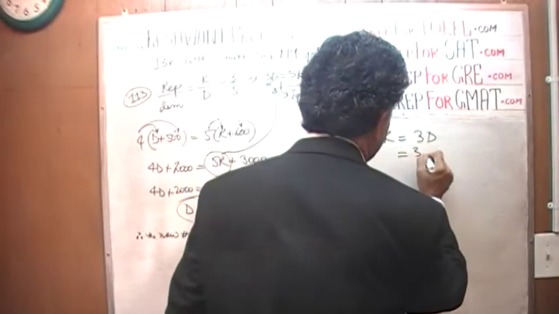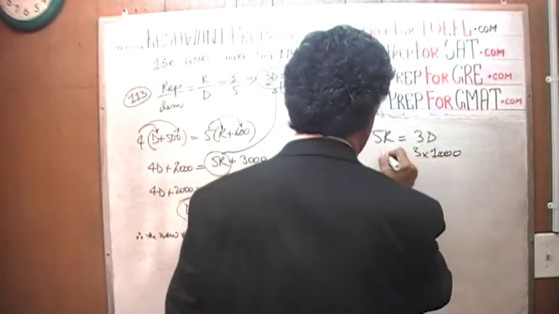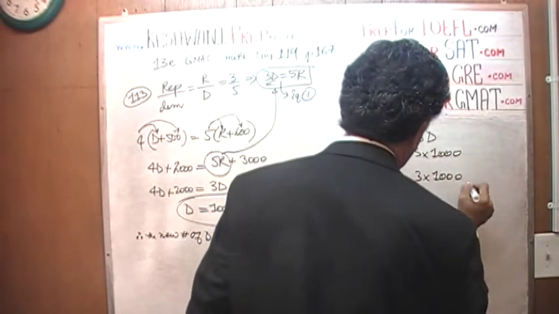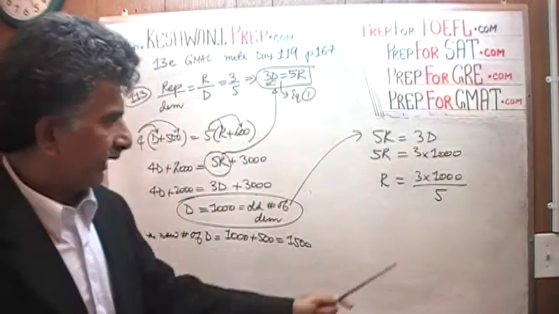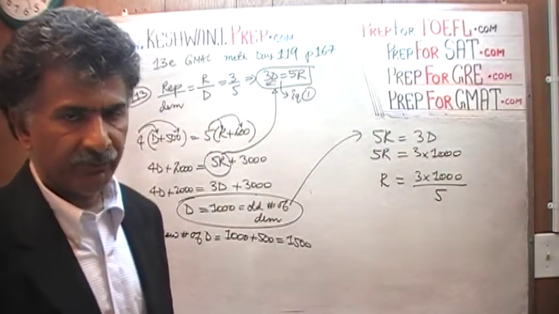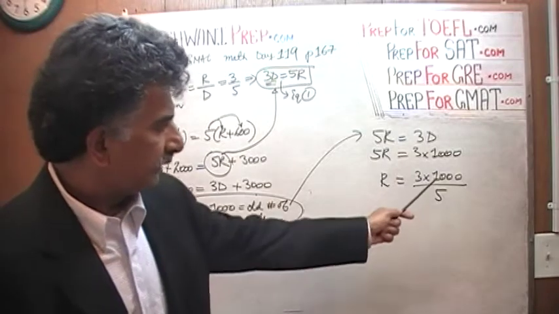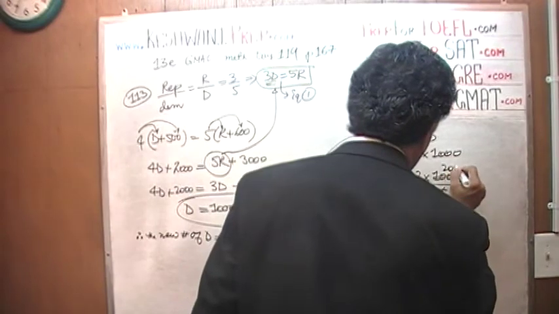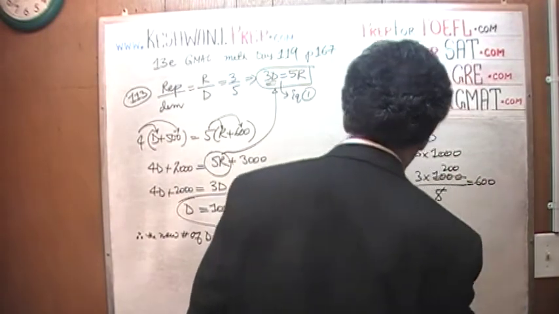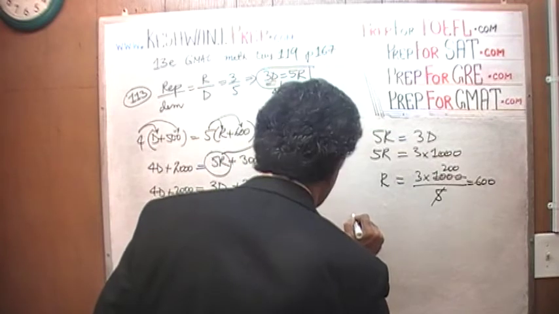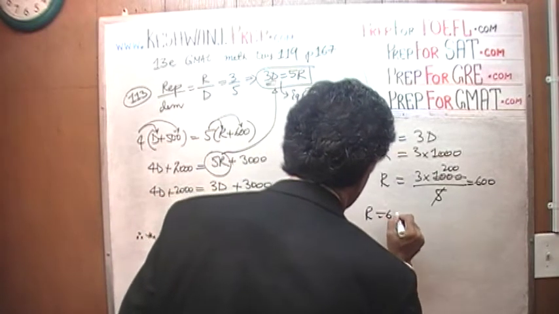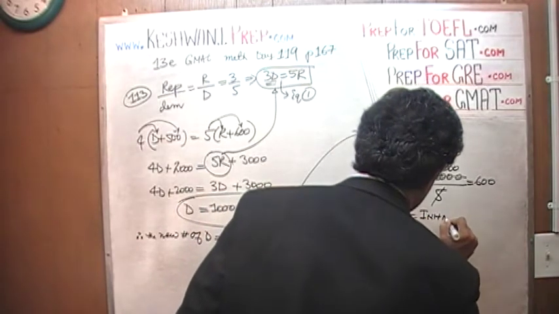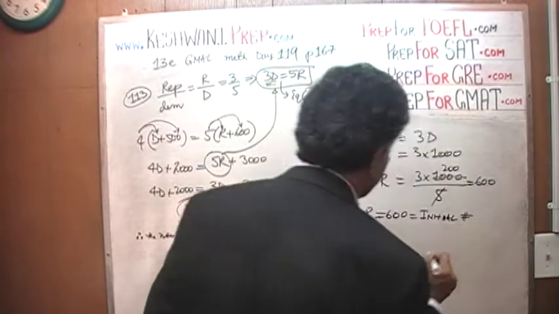So 3 times 1000 equals 5 times R. Therefore R equals 3000 over 5, which is 600, the initial number.